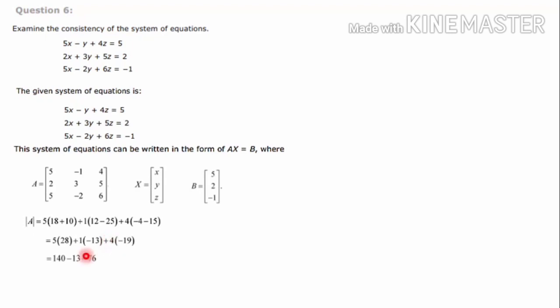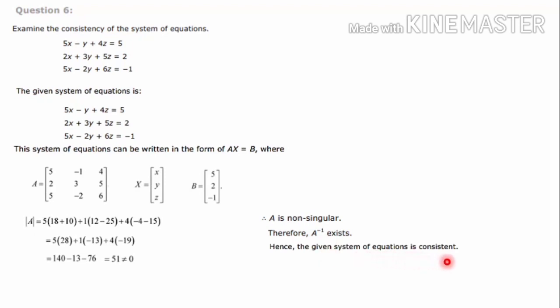Plus into minus, here it is minus. Then we are getting the answer as 51, that is not equal to 0. Just like the previous question, determinant A is not equal to 0. That means A is non-singular. If A is non-singular, we can calculate A inverse, that means A inverse exists. Therefore, the given system of equations is consistent.